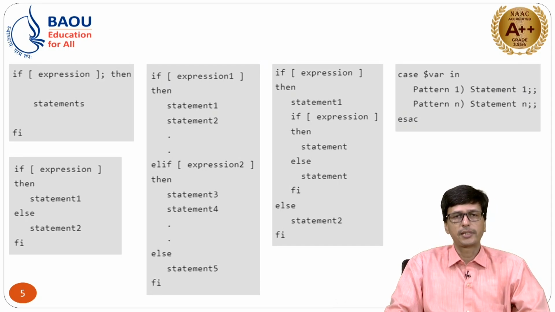Then the second one is if else. Now, if, then after the expression, the condition will be checked. If this condition is successfully satisfied, then the then part will be executed, whatever statements are under then.